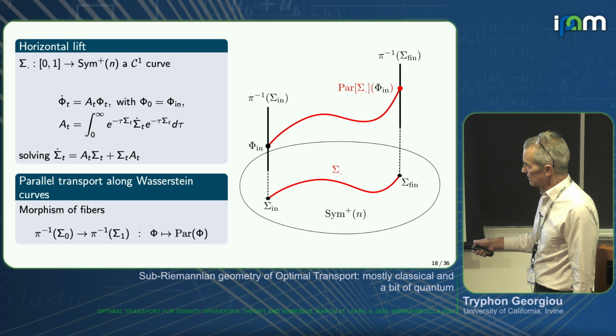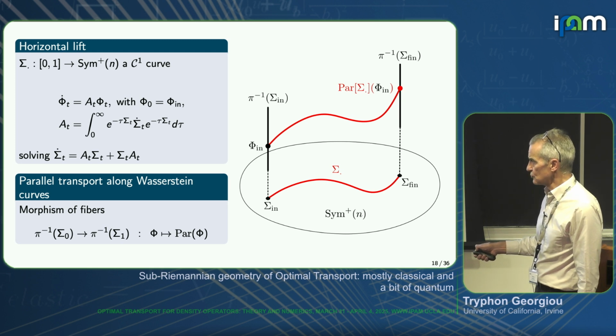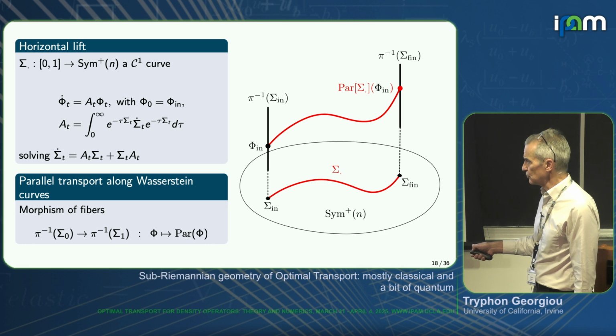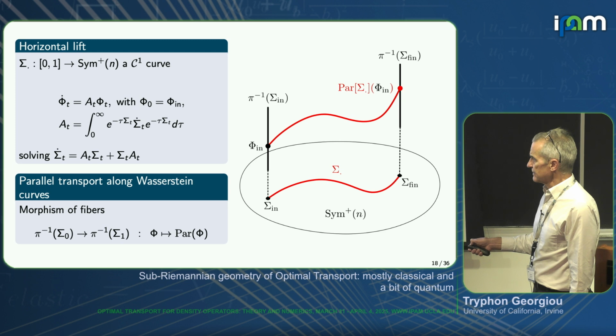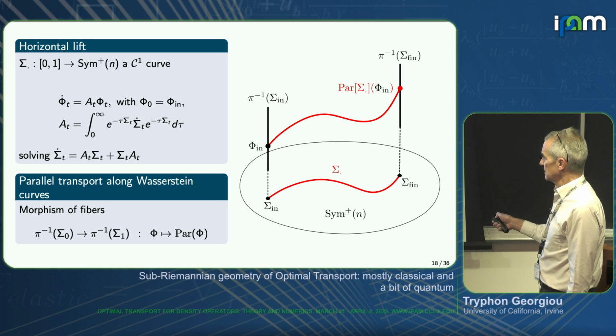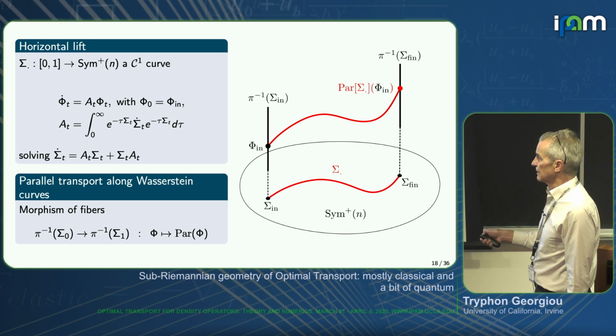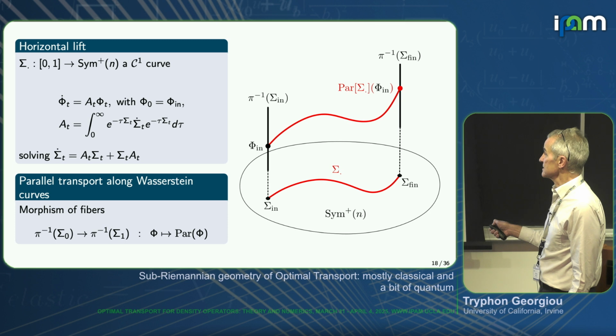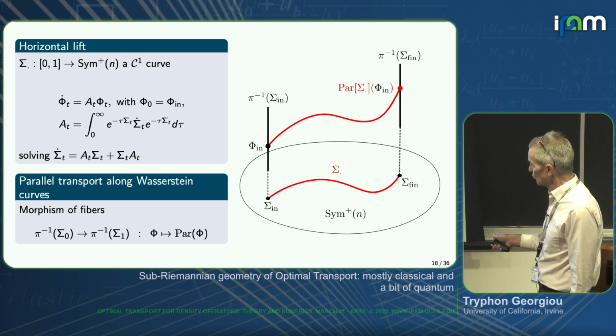This is the Lyapunov equation. So if you know sigma and sigma dot, you can compute A, and it can be given by this expression. And then you can solve this equation upstairs, and then you'll find the terminal phi at the last end. And this is the parallel transport along a curve on the base space.